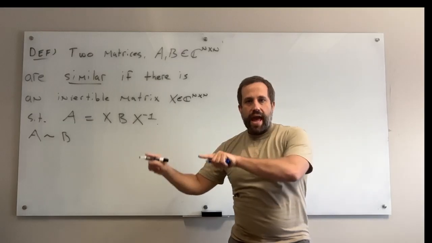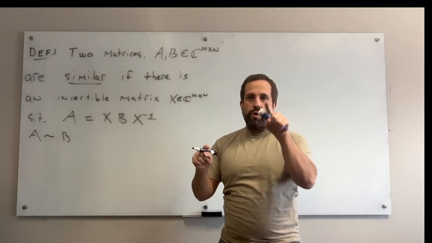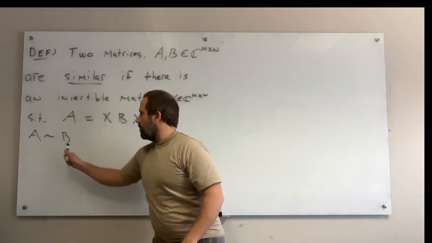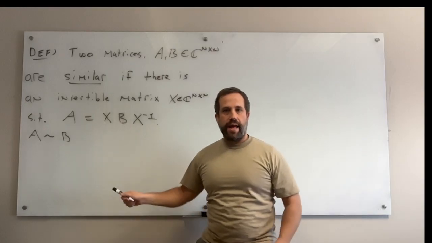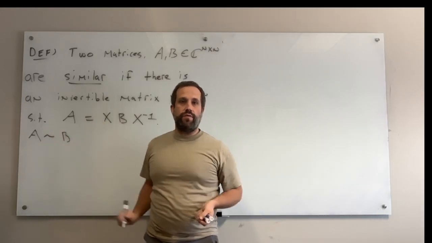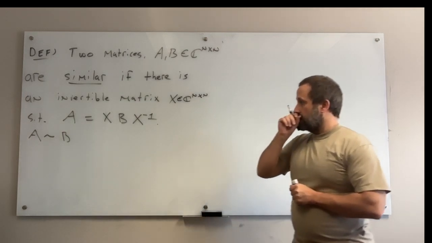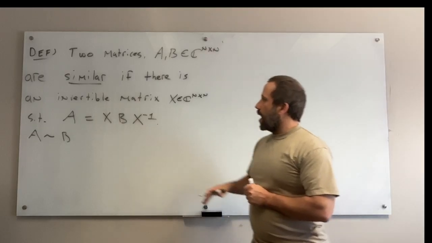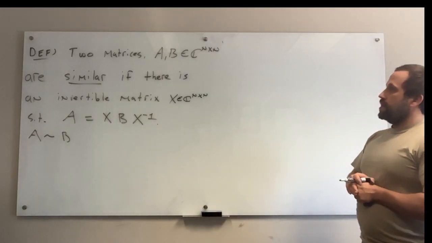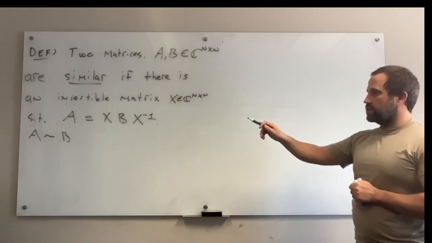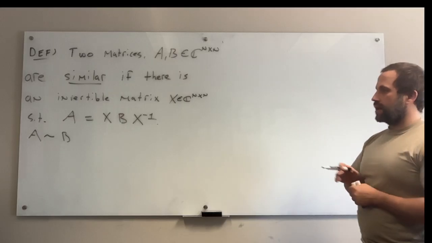Meaning, if A is equivalent to B and B is equivalent to C, then A is equivalent to C. Meaning, if A is equivalent to B, then B is equivalent to A, and A is equivalent to itself. That's what it means for something to be an equivalence relation. Okay, so again, two matrices A, B are similar if there is an invertible matrix such that A is equal to X B X inverse.